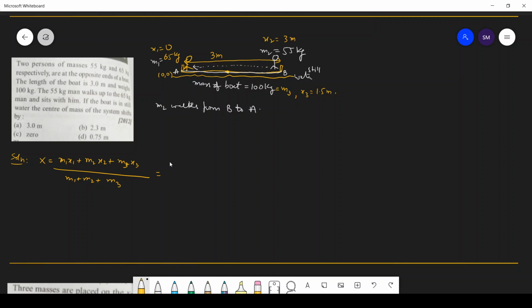So M1x1 is 65 into 0, plus M2x2 is 55 into 3, plus M3x3 is 100 into 1.5, divided by 65 plus 55 plus 100.